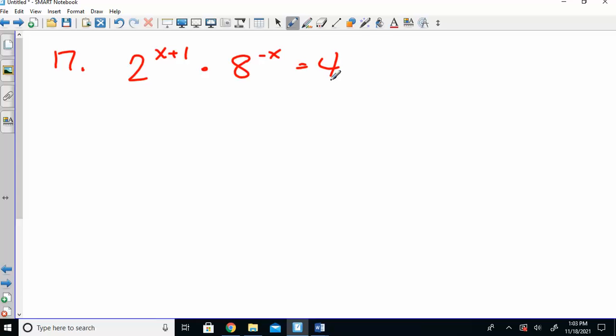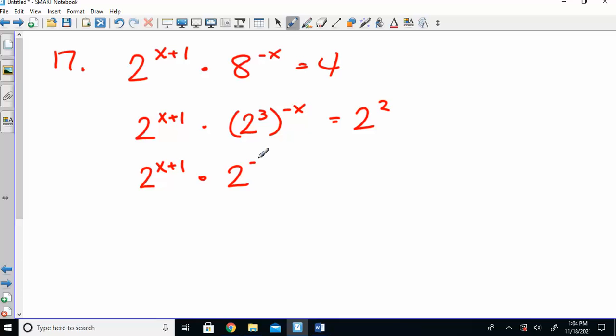First, we always tried to figure out, is there a nice way to do it? That was, can I get a common base? So what would you do? The 8 as 2 cubed, then negative x, and then 4 as 2 squared. So then we have 2 to the x plus 1 times power to a power you multiply.